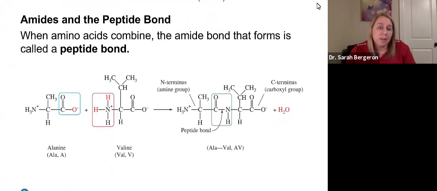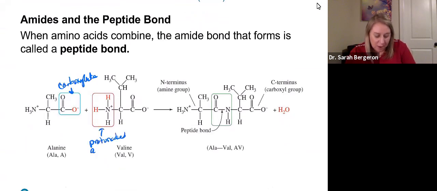So here's our example where we have two different amino acids. We have, in this case, an alanine, and we're going to look at the carboxylate right there. And we're going to look at the protonated amine. And those are the two groups that are going to react together in this condensation reaction.